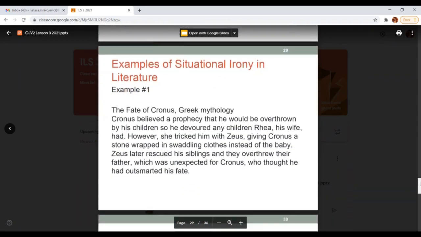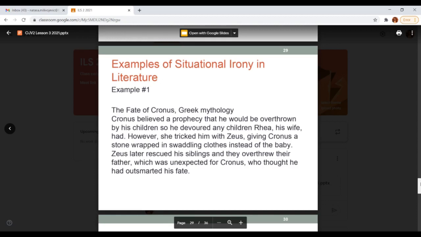Examples of situational irony in literature, for example, there is a myth in Greek mythology about the fate of Cronus, who believed in a prophecy that he would be overthrown by his children. So what he did was eat all of them. So he devoured any children that Rhea, his wife, actually had, that they had together.